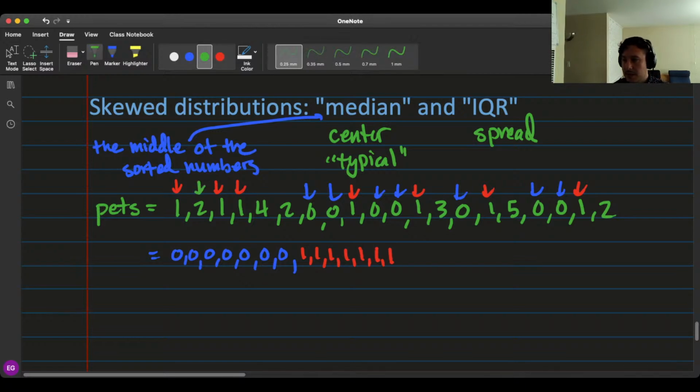So 1, 2, 3 twos. Oops, I wrote 3. 3 twos. And then you go to the next number. 4. Oh, just 1, 4. Cool. And then you go to the next number.